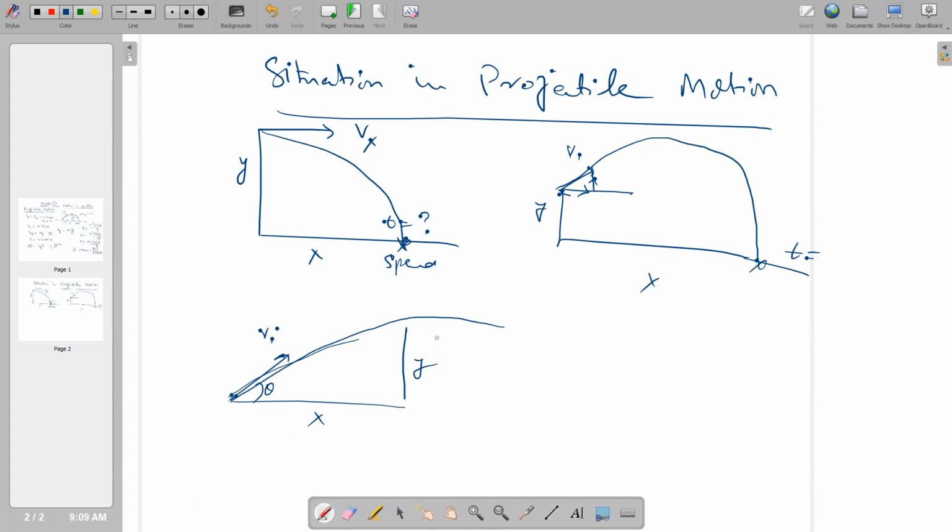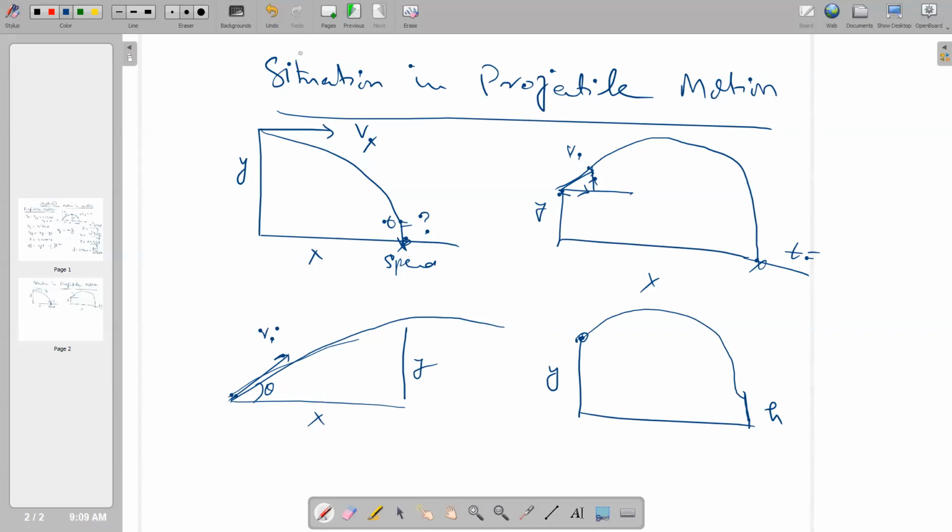How do we handle this type of problem? This is another situation. The other situation is if you throw a ball and here is another building with some height, and this is the vertical, and it comes like this and lands here.